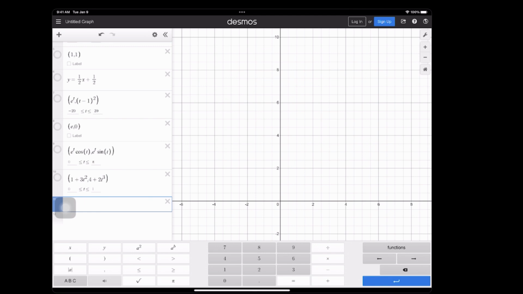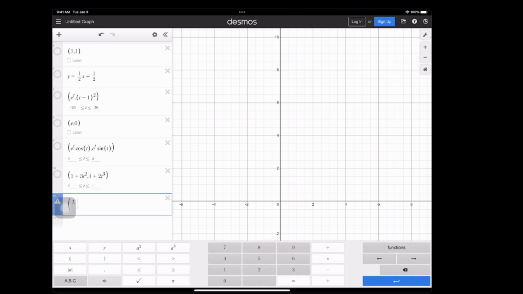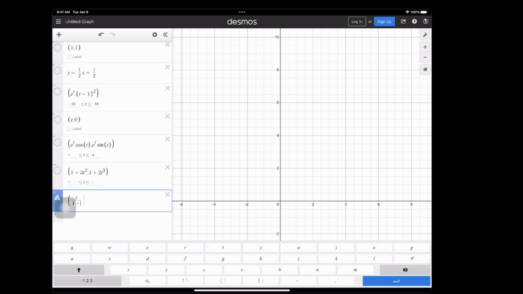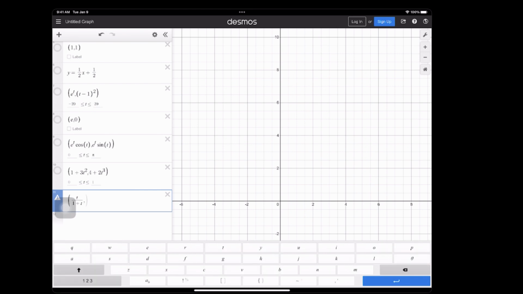So in Desmos, again, you might say, what is my x formula? That's t now divided by 1 plus t. And then you have natural log 1 plus t.